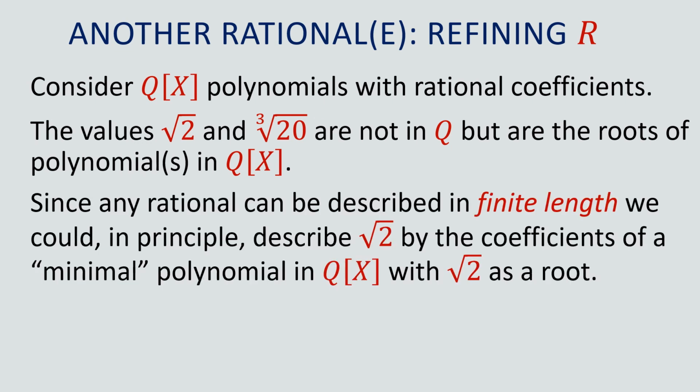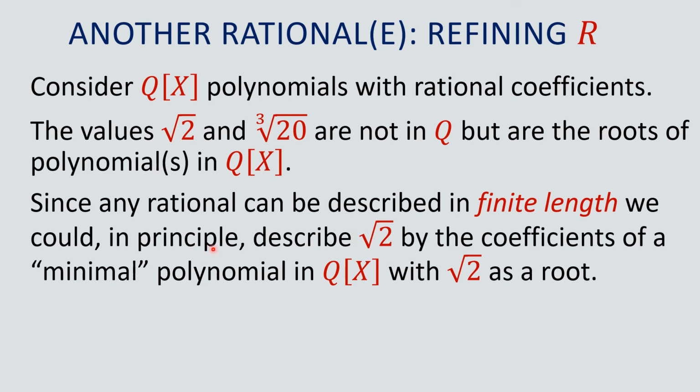If we take any rational number, then it has a finite length description, because it's the result of dividing a whole number, which is finite length, by a natural number, also finite length.